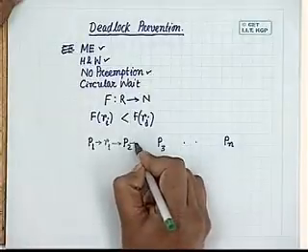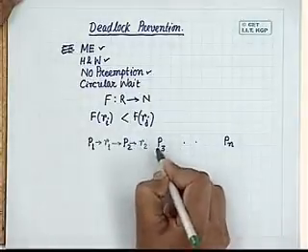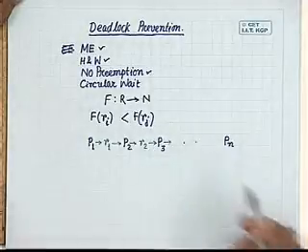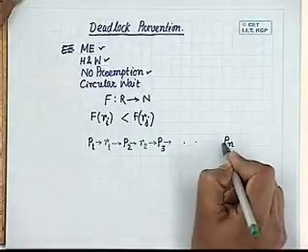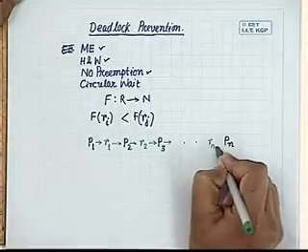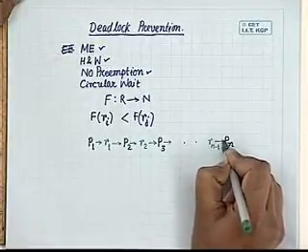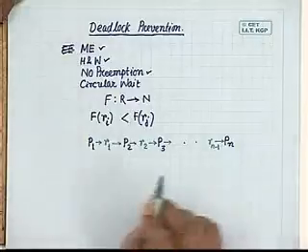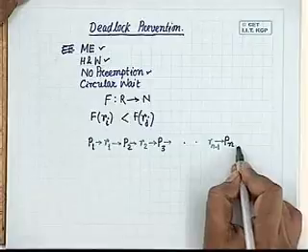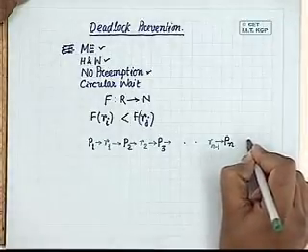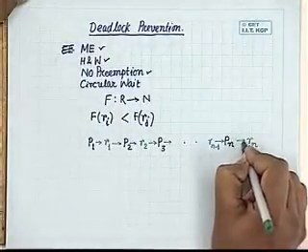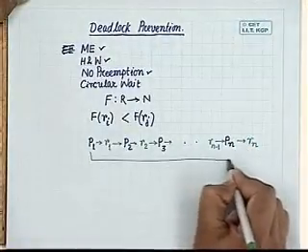Process P2 requests a resource type R2, which is currently allocated to process P3. This way it continues. Process Pn is holding a resource type, say Rn minus 1, and this Rn minus 1 is requested by process Pn minus 1. Pn in turn is requesting a resource type Rn, which is currently allocated to process P1.